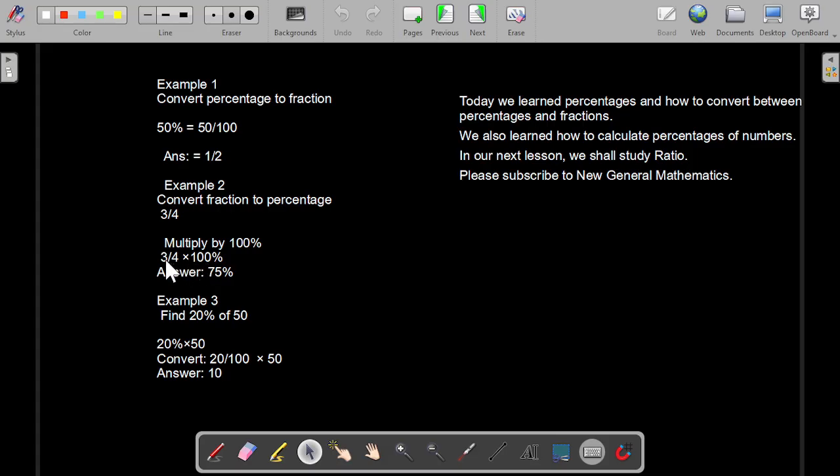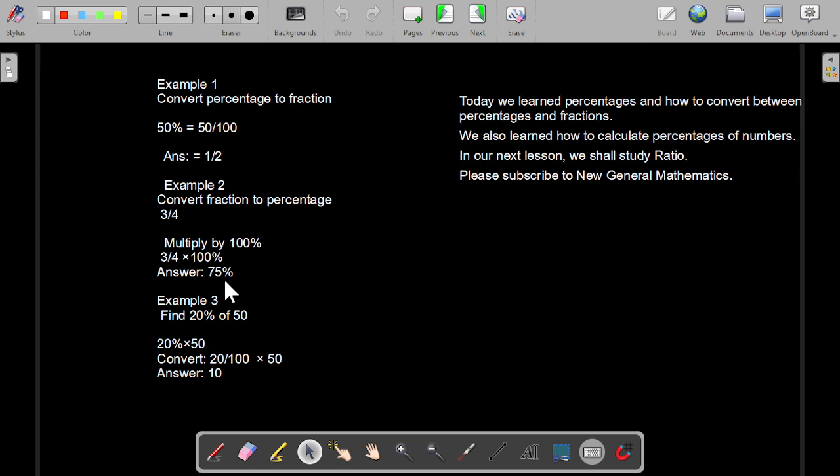If you take it literally, just like primary school arithmetic, 3 times 100 gives you 300. 4 times the invisible 1 will give you 4. Now, we have 300 upon 4. 300 divided by 4 gives you 75.